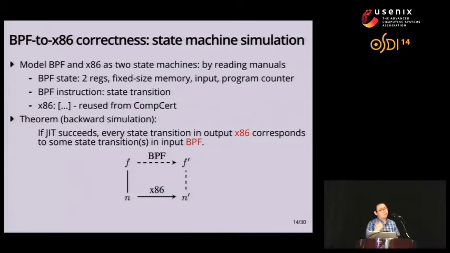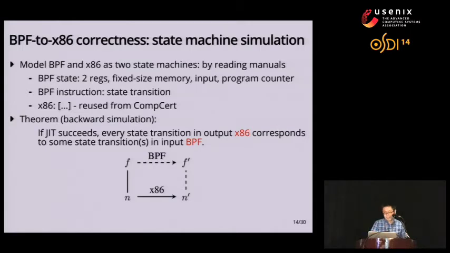For x86, you can imagine it's even simpler, also a state machine in a similar way. But we don't want to write it ourselves, so we borrow it from CompCert. The actual theorem we want to prove is called the backward simulation. That says if our JIT succeeds, then every state transition in the output x86 corresponds to some high-level state transition in BPF. Then we are done.